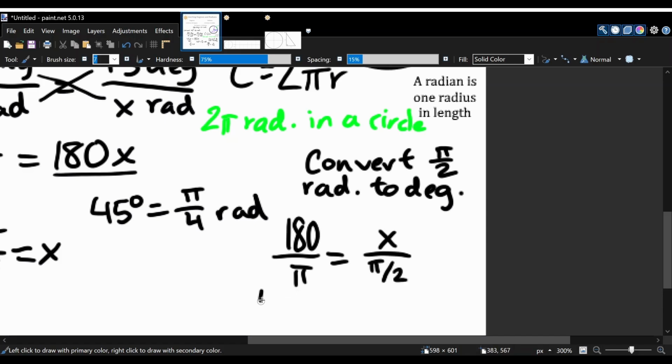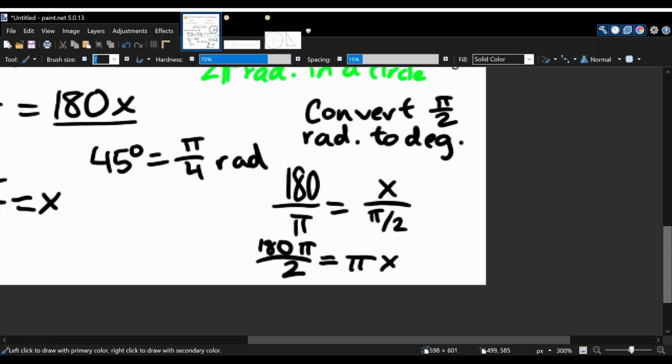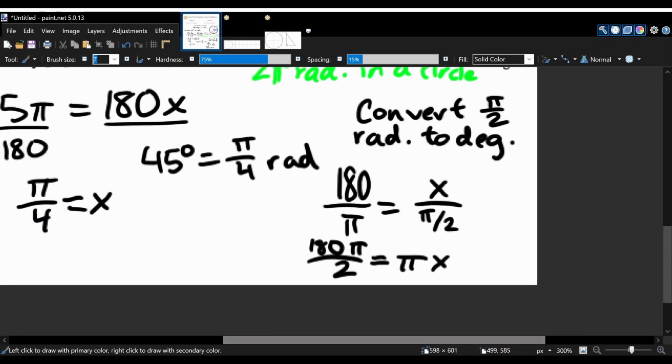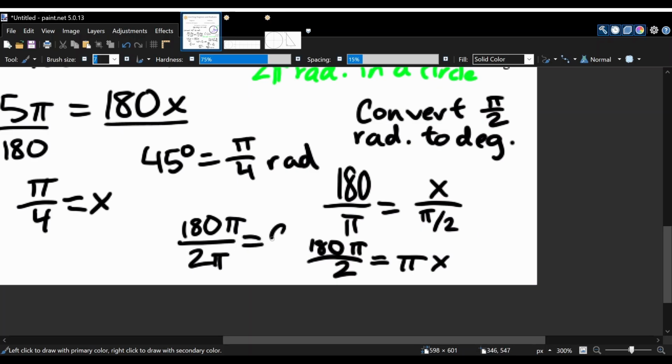So 180 pi over 2 is equal to pi times x. And then if we divide by pi, we end up with 180 pi over 2 pi, which is equal to 90. So this is equal to 90 degrees.